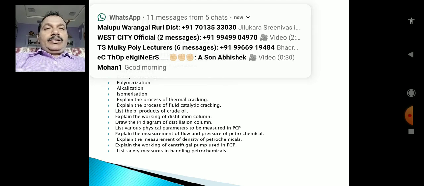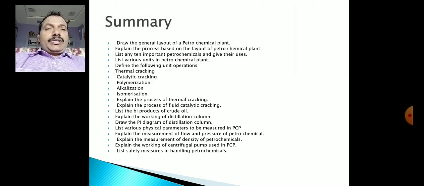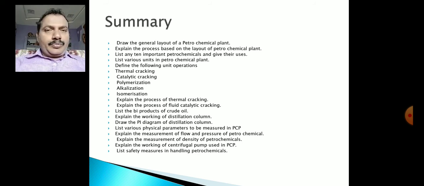We have discussed the process based upon that layout, how the petroleum products are used to produce petrochemicals.